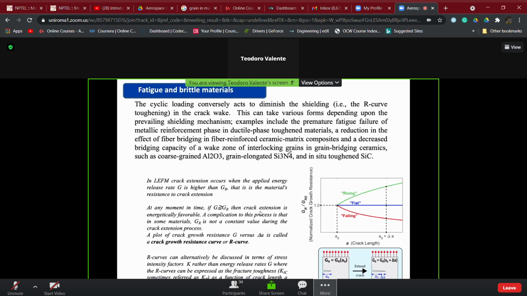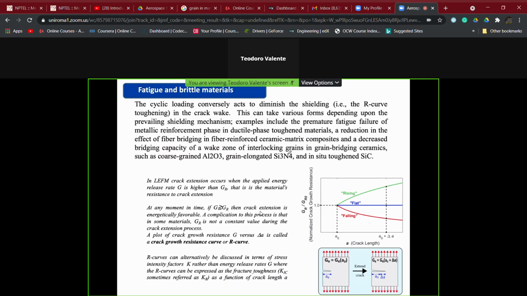But we have to say that then we will also see the graphs referred to this phenomenon. Due to this extrinsic predominant mechanism of fatigue in brittle materials, we can have various forms depending on the prevailing shielding mechanism.